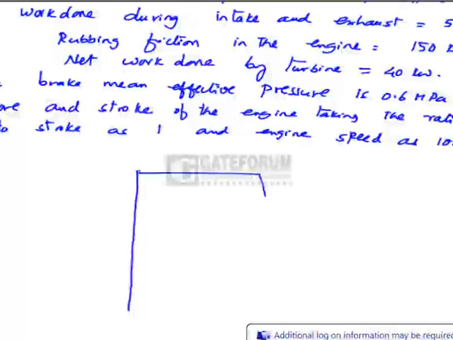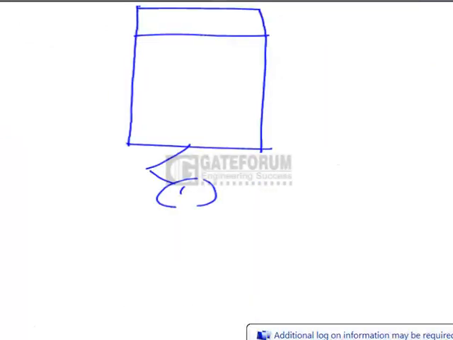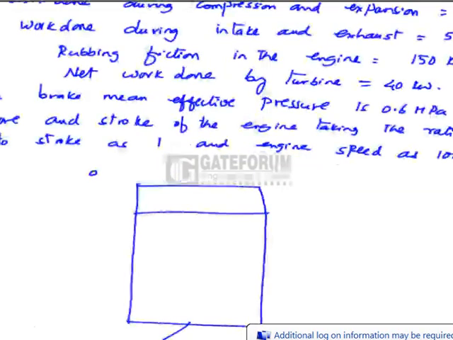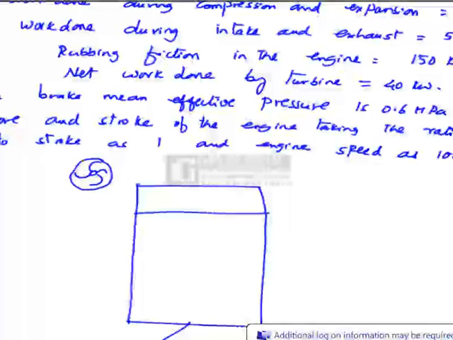Turbocharging means there is a centrifugal blower which is taking atmospheric air, and that blower or centrifugal compressor will be increasing the pressure of the air.